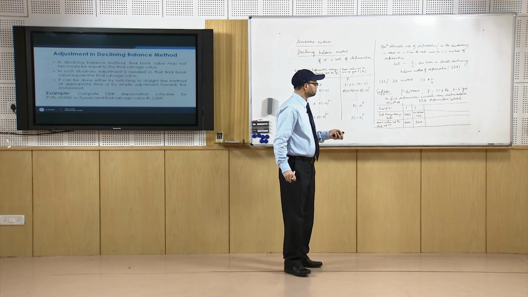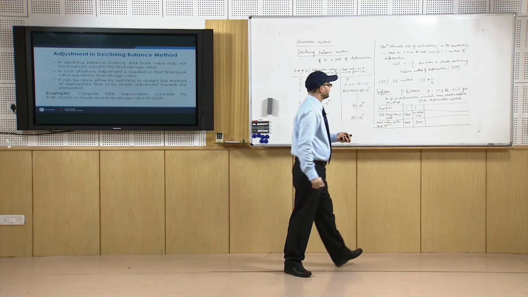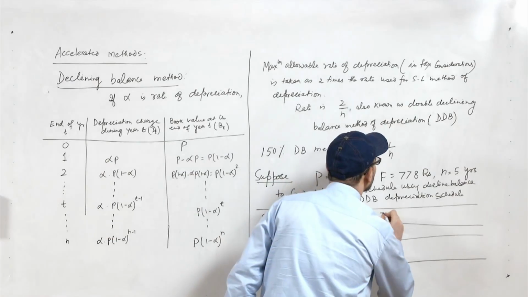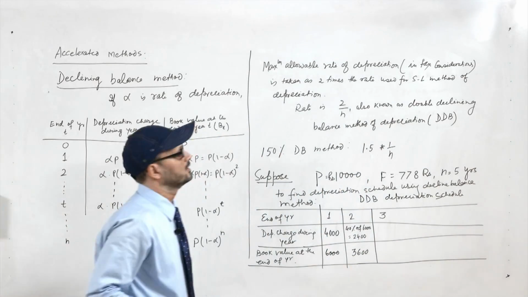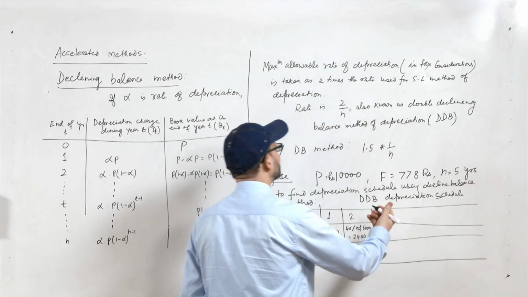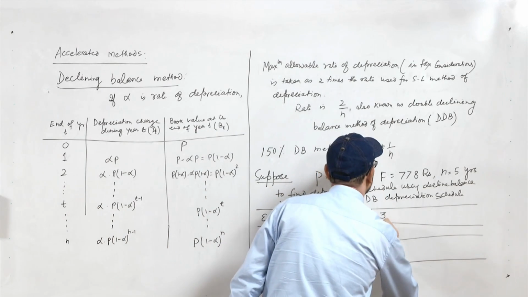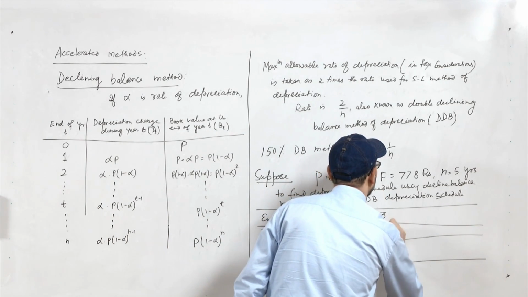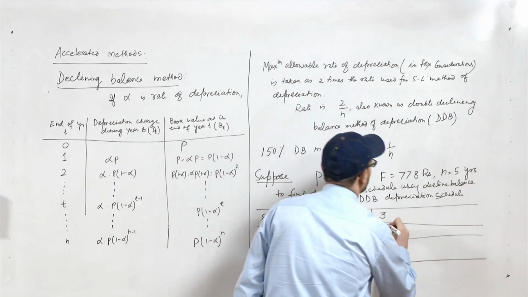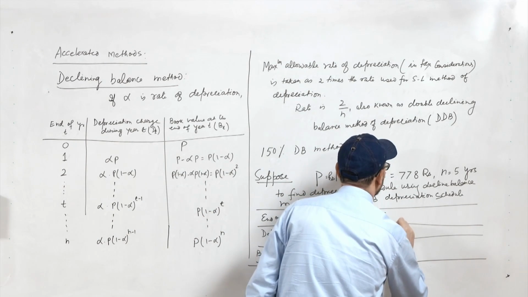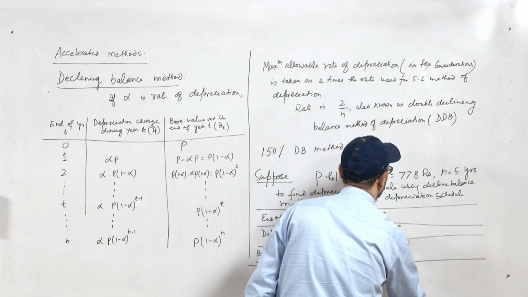Then you have the third year. In the third year, your depreciation charge will be 40% of the book value at the end of second year. So, 40% of 3,600, that is 1,440.